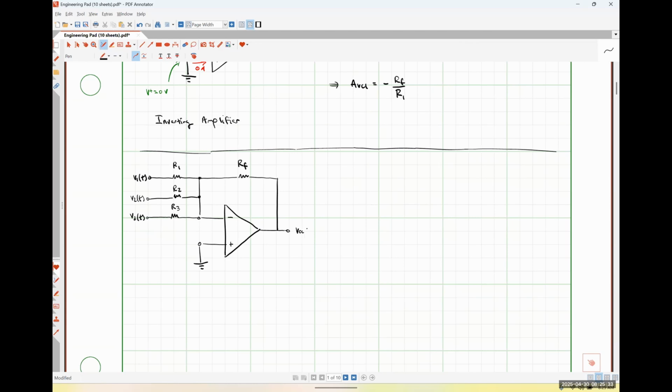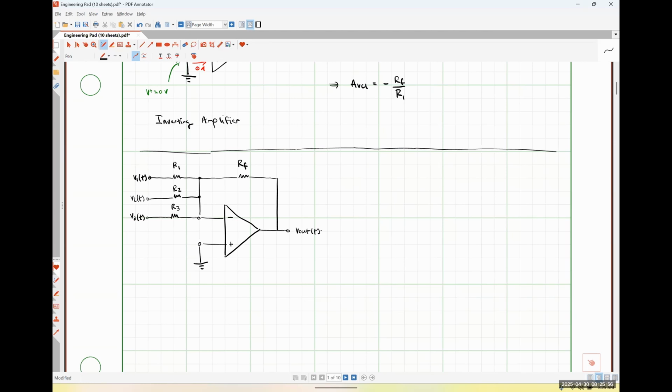And my output signal is over here. So this is effectively the same inverting amplifier that we had from the previous example, except that now we've got multiple input signals connected through a resistive network on the inverting input side of the system, okay?